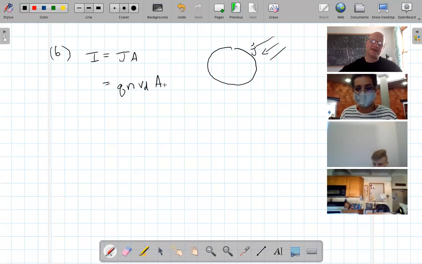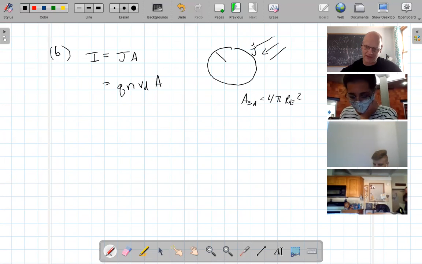This area is either going to be the surface area of the Earth, which is 4 pi times the radius of the Earth squared, or it's going to be the cross-sectional area, which is that of a circle, pi times the radius of the Earth squared.